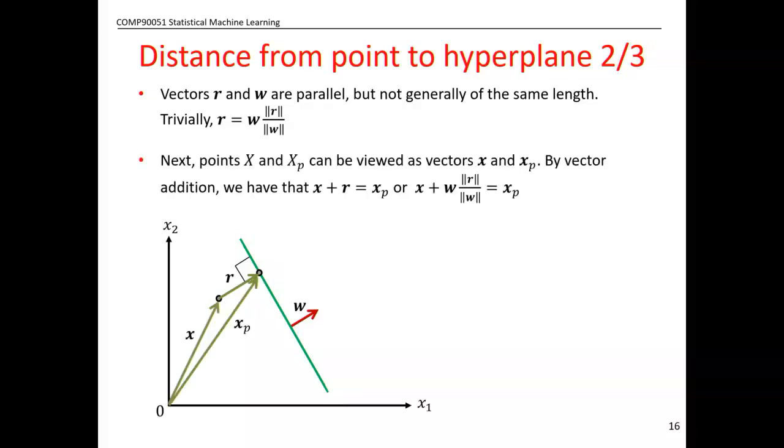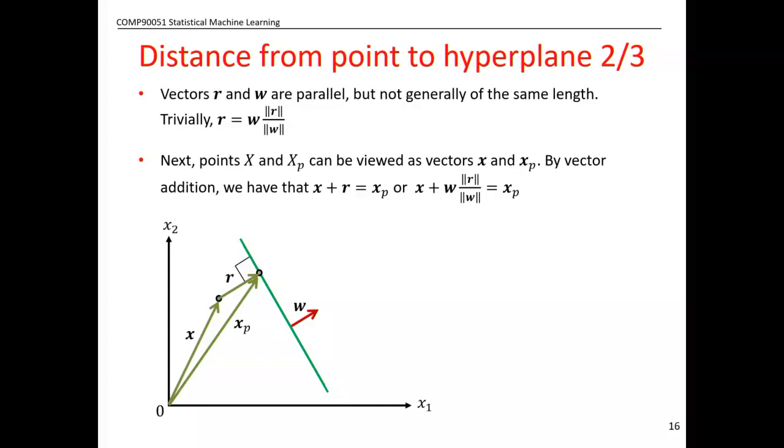Okay, so what do we do next? x is also a vector and xp is also a vector, so I can complete this triangle and think about vector addition. That gives me that x plus r is equal to xp.